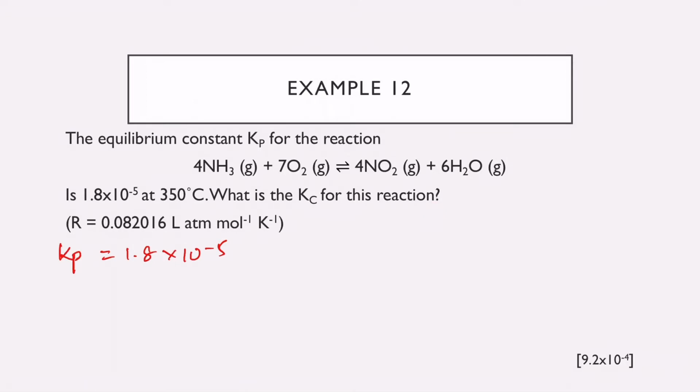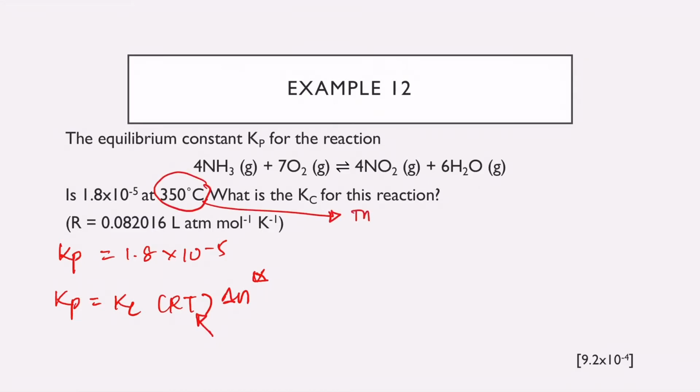So if you use the formula Kp equals Kc(RT)^Δn, right? You will just have to find the Δn. Okay? And the temperature, you have to change it into Kelvin. And then you have to find your Δn.